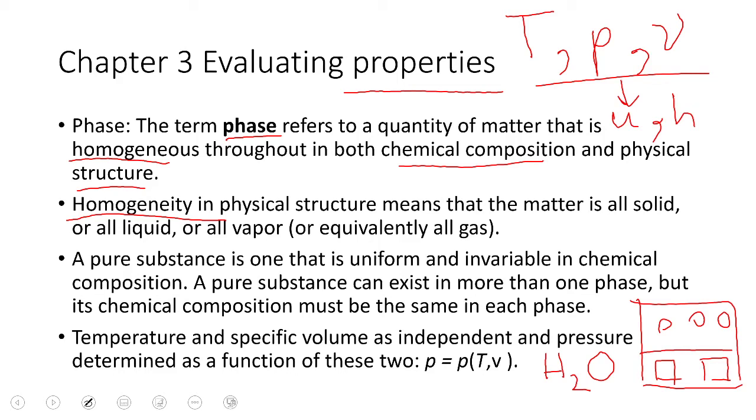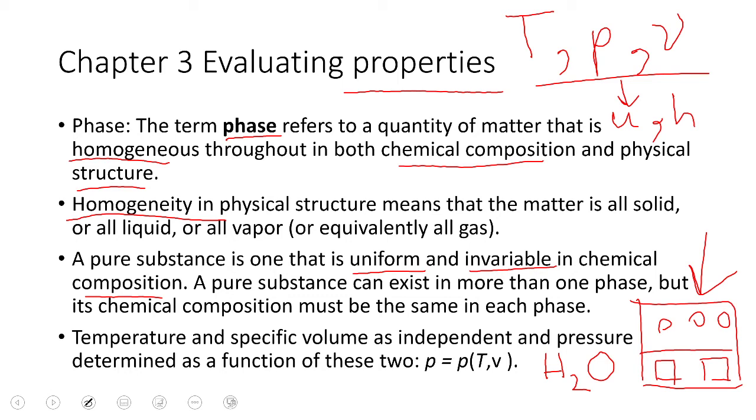Next is a pure substance. A pure substance is uniform and invariable in chemical composition. This container having three phases of matter is a pure substance.